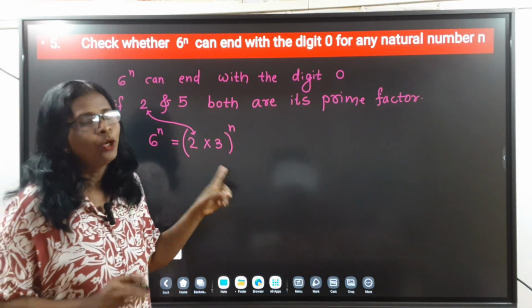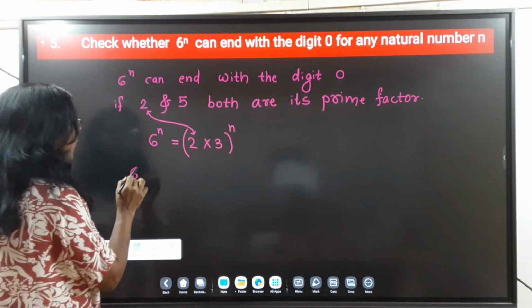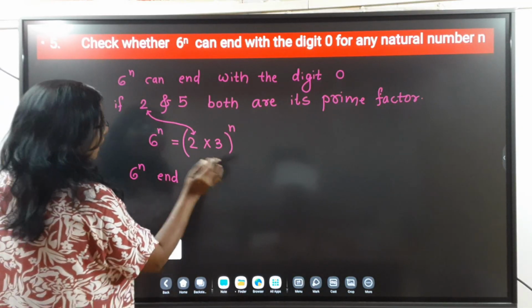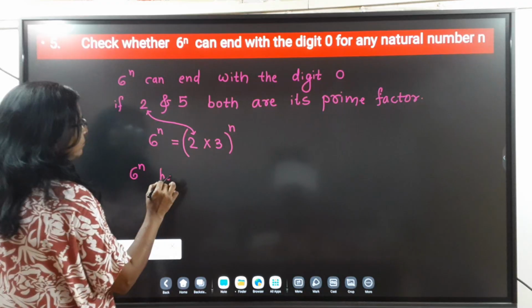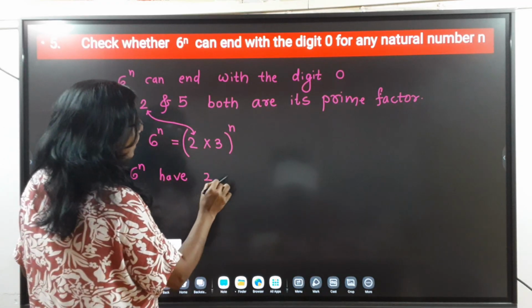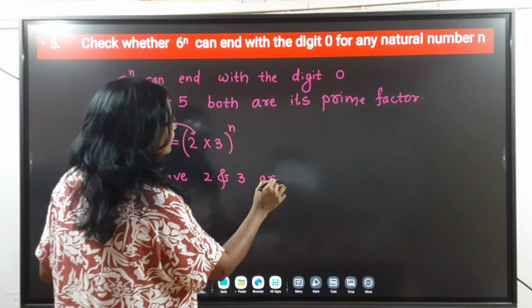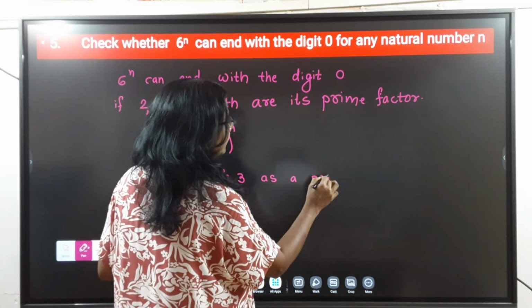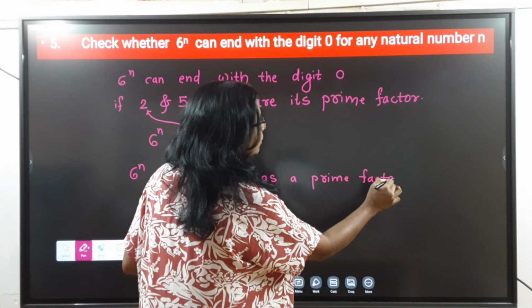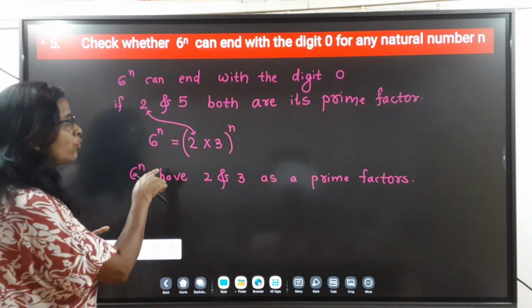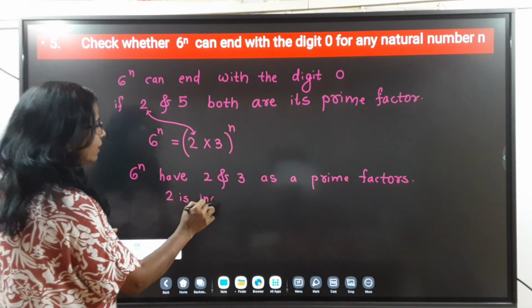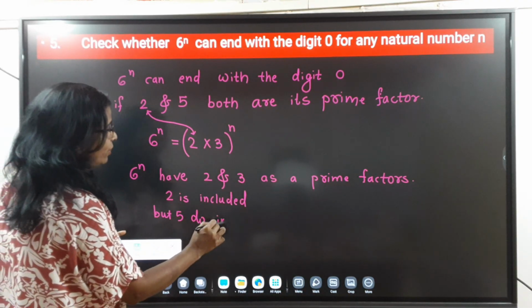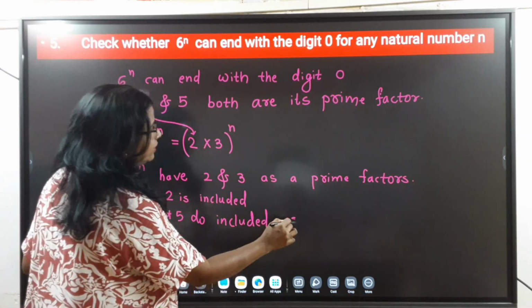So, students, we can say that 6 raised to n has 2 and 3 as its prime factors. 2 is included, but 5 is not included as a prime factor.